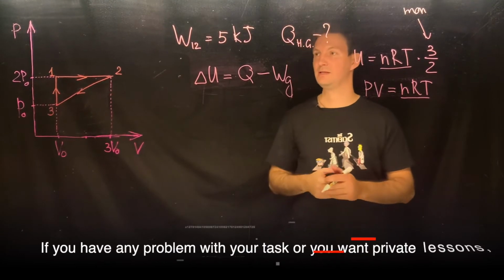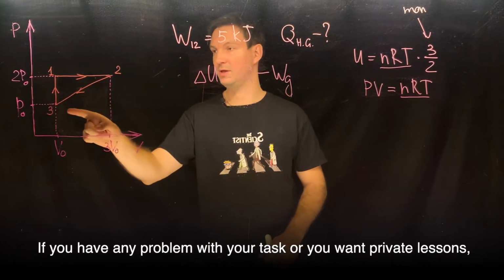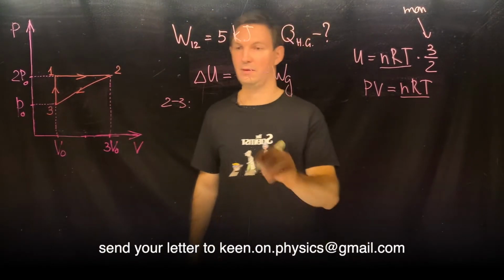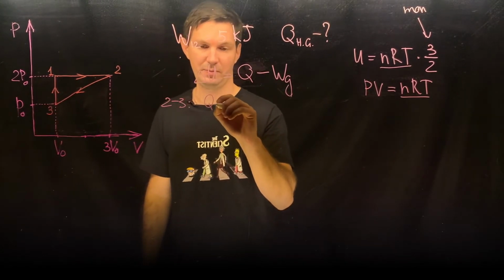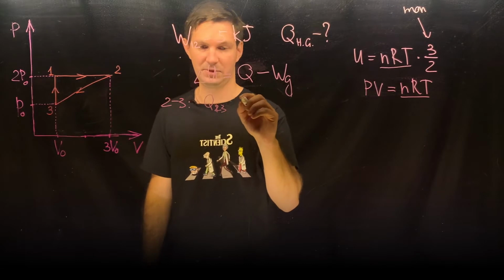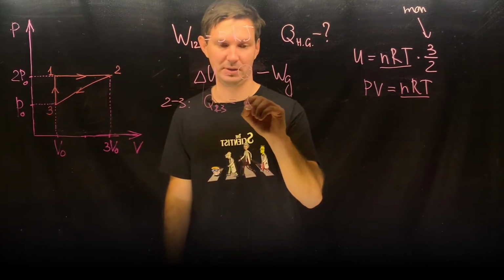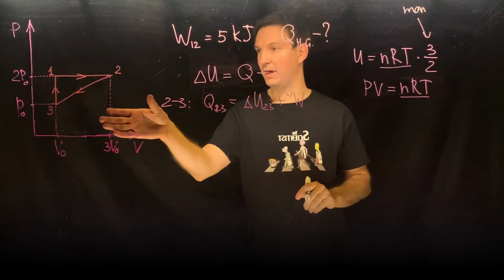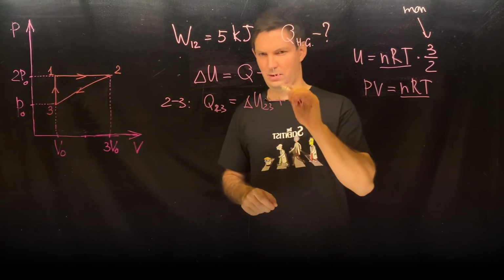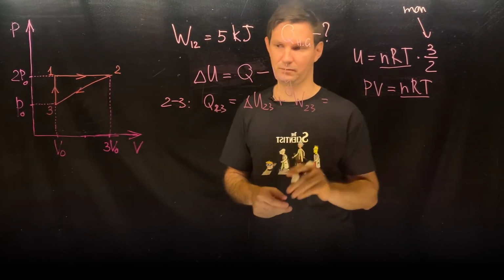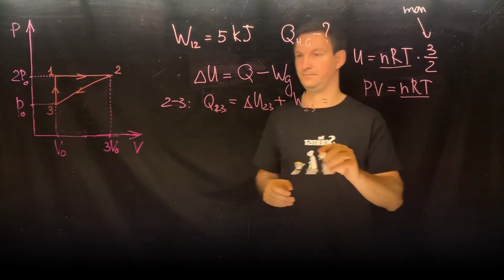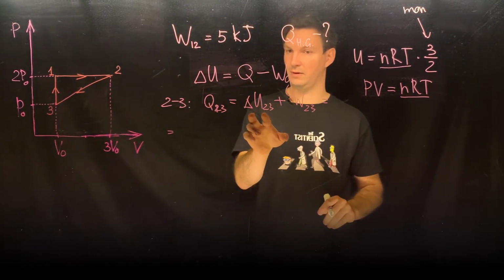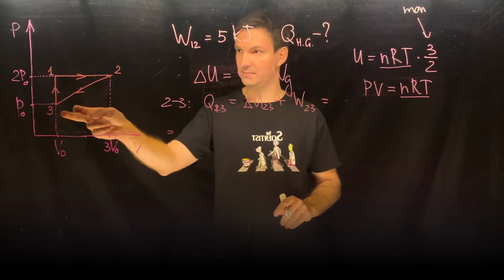So let's go to the second step, the transition from state 2 to state 3. In this case, the quantity of heat Q23 will be delta U23 plus work done by the gas W23. And we know that the change of the internal energy is the last state minus the first state.